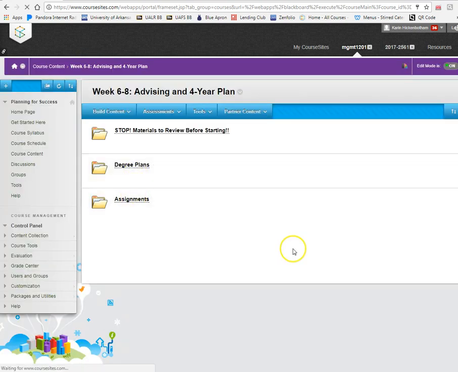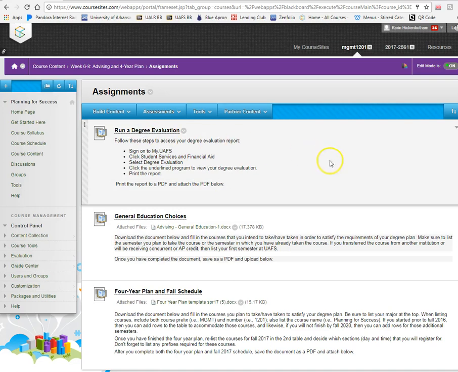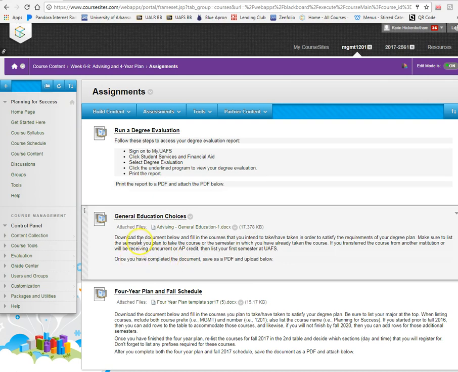And there's 3 assignments attached to this lesson, which is how to properly run a degree evaluation in Banner self-service, and how to pick out their general education choices that are required by the state of Arkansas, and then fill out a 4-year plan and a fall schedule to help them understand what they'll be taking each semester, and identify any issues, or if they're even going to graduate early, or if they want a double major. So it's a very effective assignment that students really like to hang on to.